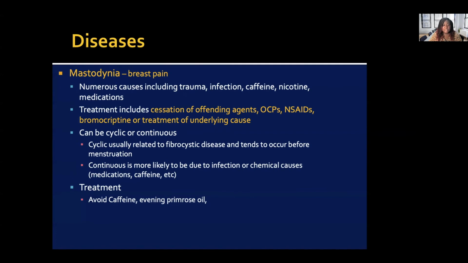And really, when it's cyclic, we start to get concerned that this may be fibrocystic breast disease. And if it's continuous, it could be due to infectious or chemical causes such as medications. Treatment is usually made in those lifestyle modifications that we mentioned, such as avoiding caffeine, stopping smoking. The use of evening primrose oil and vitamin E also are effective.